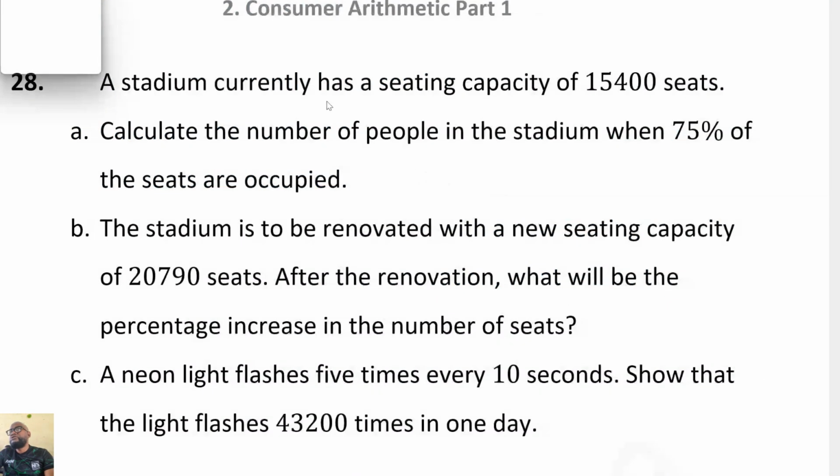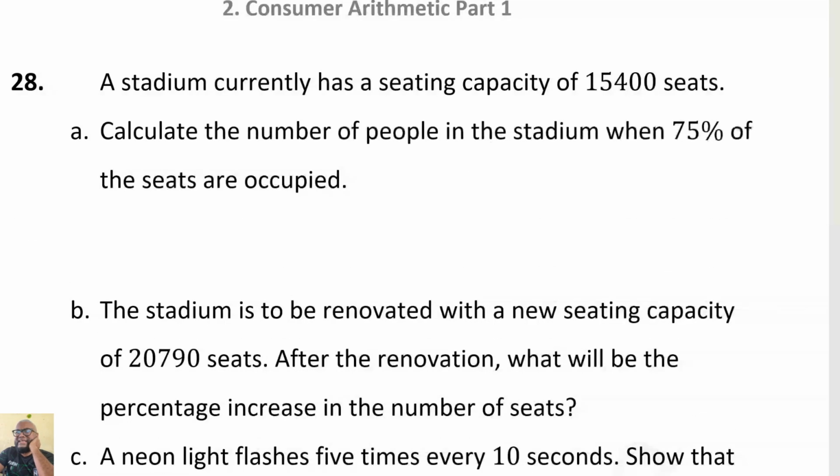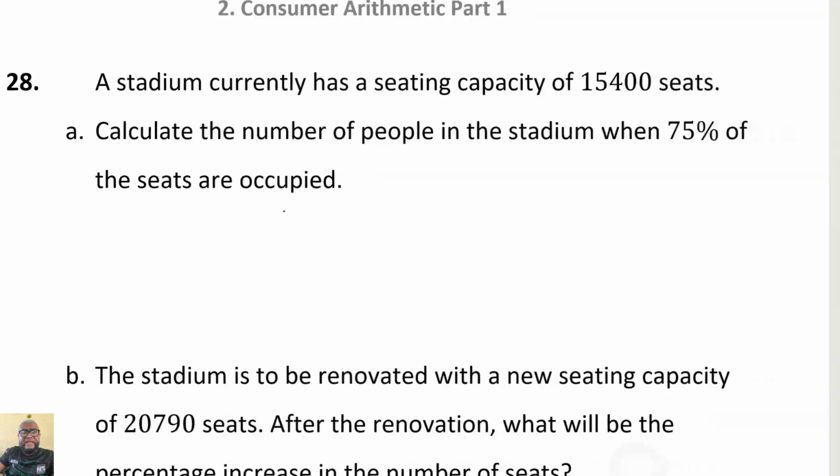So a stadium currently has seating for 15,600 seats. Calculate the number of people in the stadium when 75% of the seats are occupied. How easy is this? What do I simply need to find? I want to find out how many people are in the stadium if 75% of the seats are occupied.